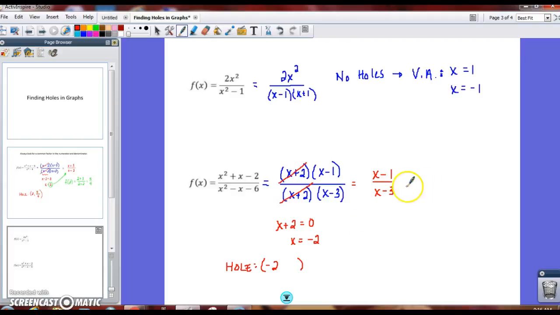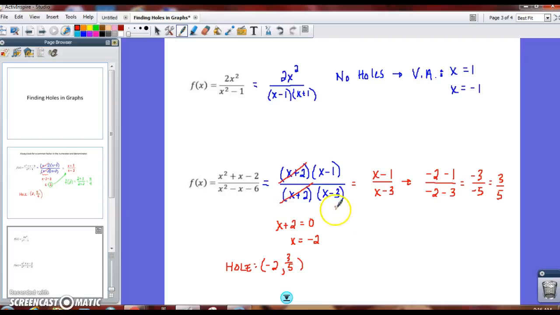So I have negative 2 minus 1 over negative 2 minus 3. That gives me negative 3 over negative 5, which reduces to 3/5. And so my hole is at negative 2, 3/5.